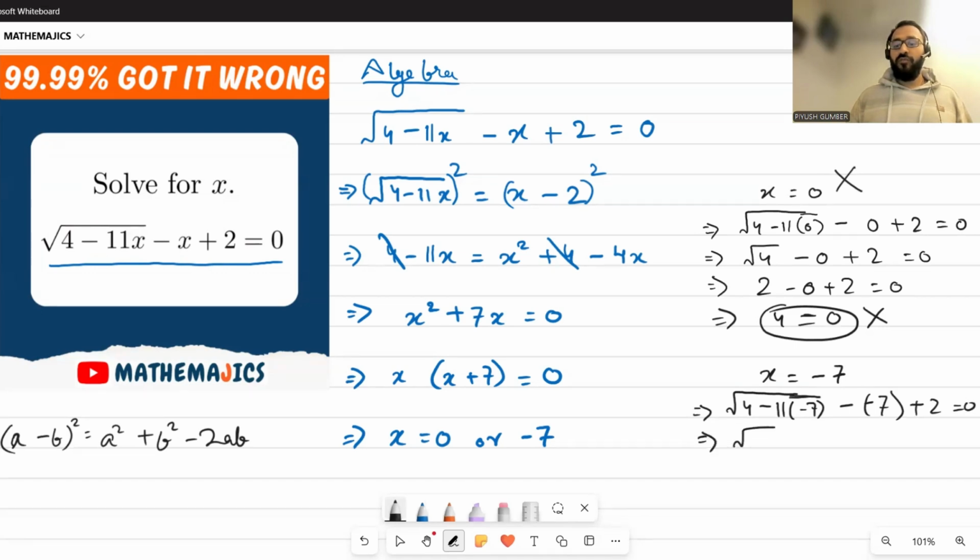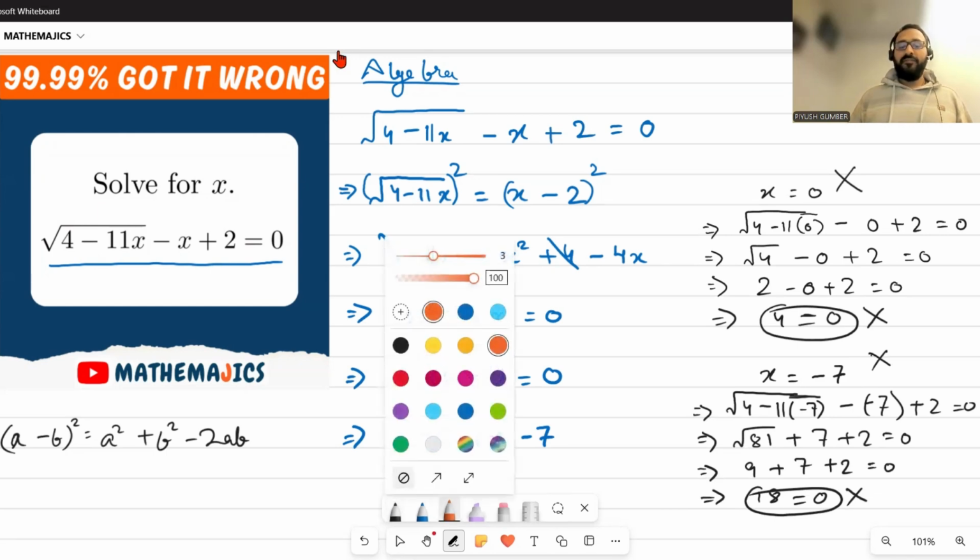We will get square root of 81 plus 7 plus 2 equals 0. Square root of 81 is 9. 9 plus 7 plus 2 equals 0, which gives us 18 equals 0. Now, again, 18 equals 0. Definitely, this is not correct. That means x equals negative 7 is also not the solution.